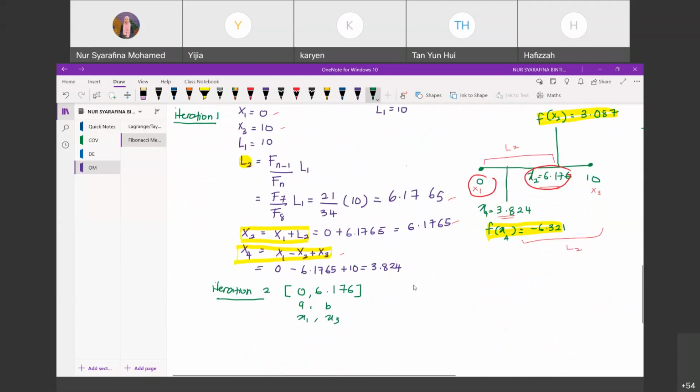We have the new interval. Your new interval now is from 0 to 6.176. This is your x1, this is your x3. Let's take a look at the first interval, from 0 to 6.176. Is there any point there?